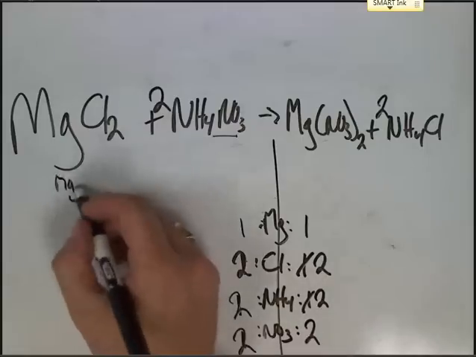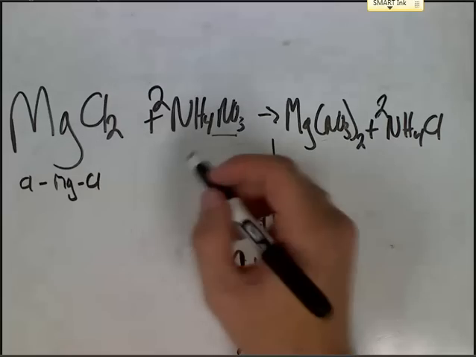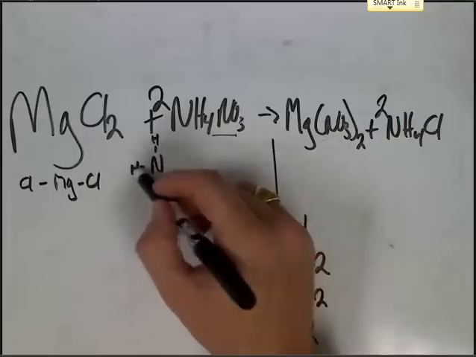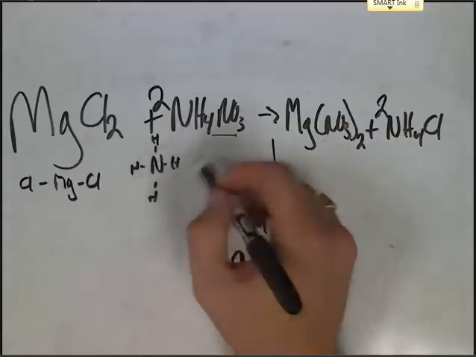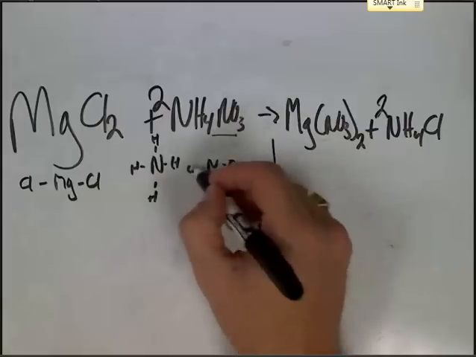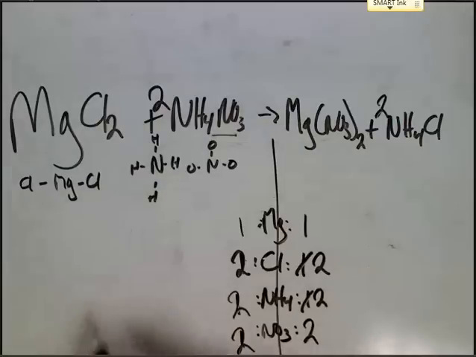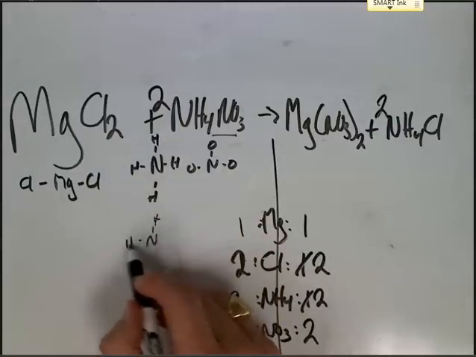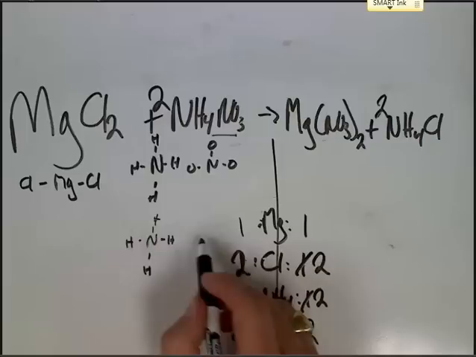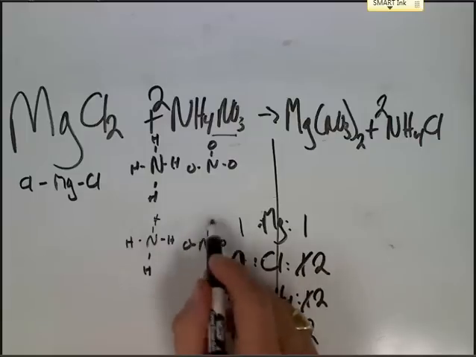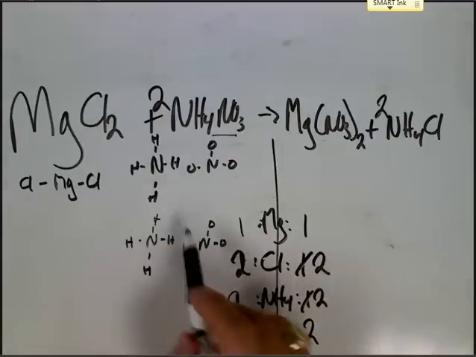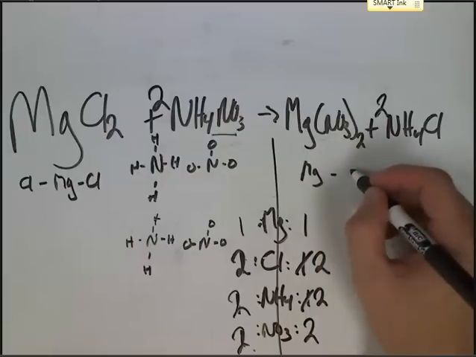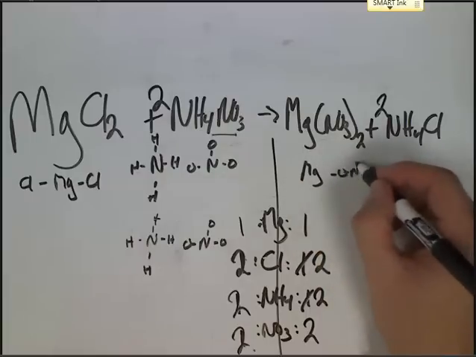Okay, when we draw what this looks like, we've got an NH4 and an NO3. Well, the fact that we've got a coefficient there says we have 2 of each of them. So if we count all the types up, we're okay. Mg bonded to an NO3 on either side.